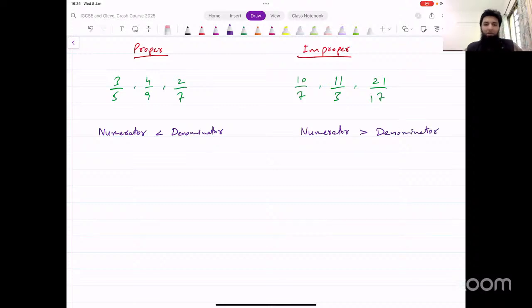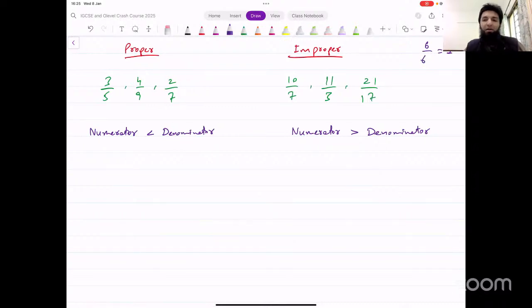Okay, that's the rule for fractions involving numbers. If the numerator and denominator are equal, that will be an integer. For example, if you have 6 over 6, that's just 1. In fact, whenever the numerator and denominator are equal, that's always 1. But otherwise, if the numerator is bigger, that's an improper fraction. If the numerator is smaller, that's a proper fraction.